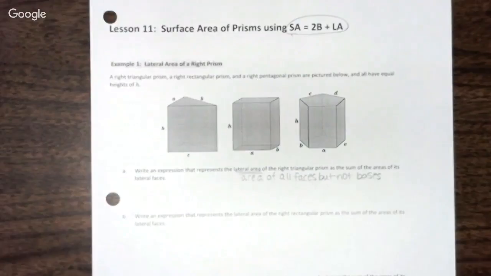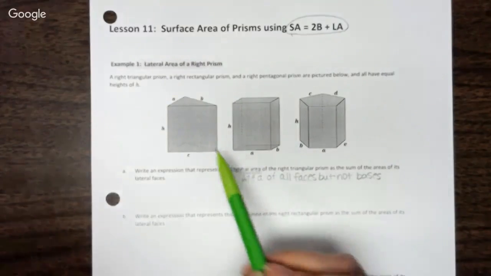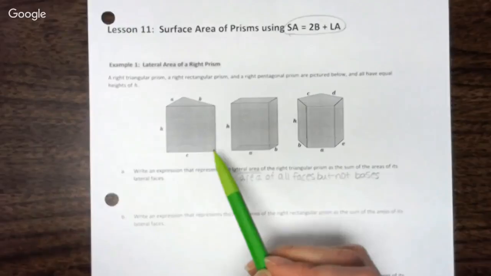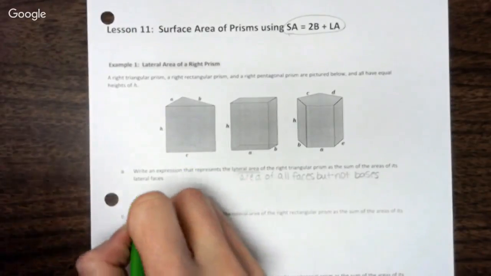All right, so let's write an expression that would represent the right triangular prism as the sum of the areas of its lateral faces. Now, yesterday we learned that to find the area of the shape, you're just going to use your area formula. This is a rectangle. So area formula of a rectangle would be base times height. In this case, the dimensions are h and c.